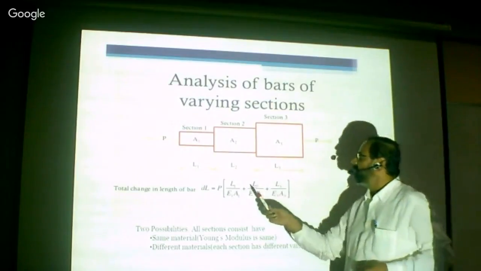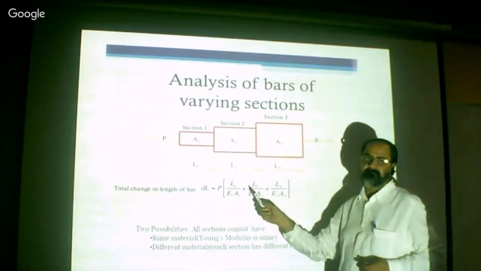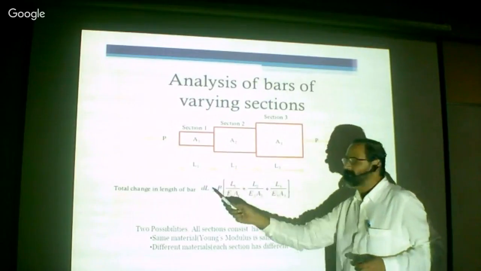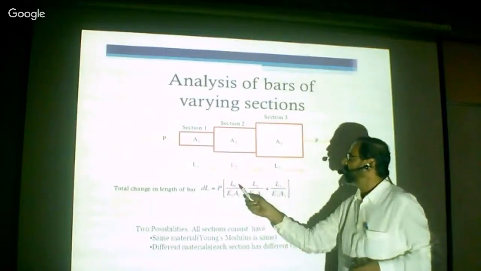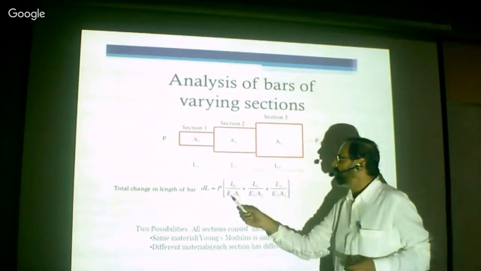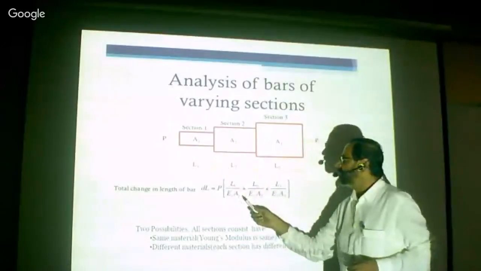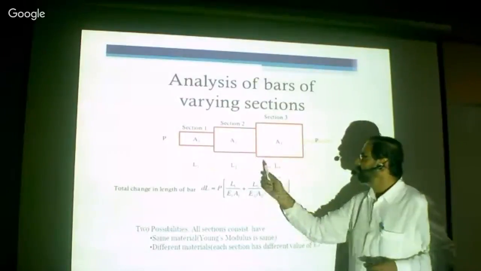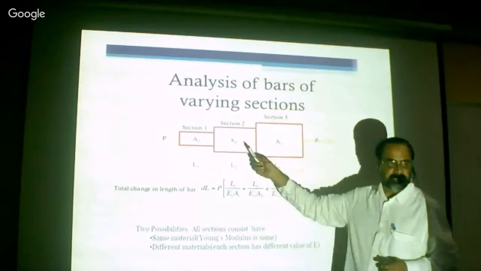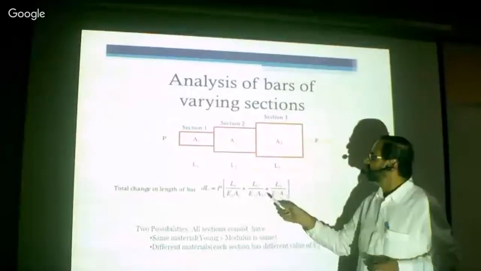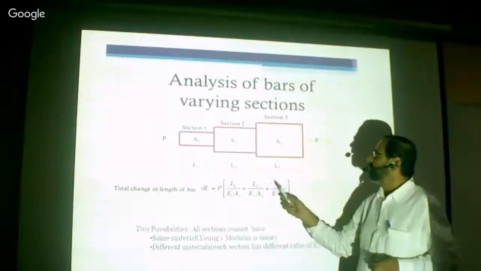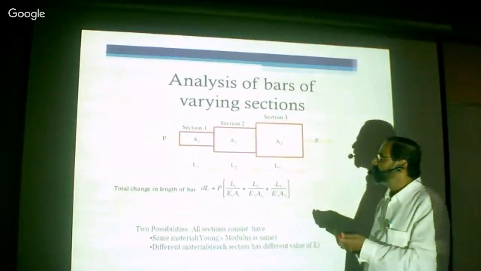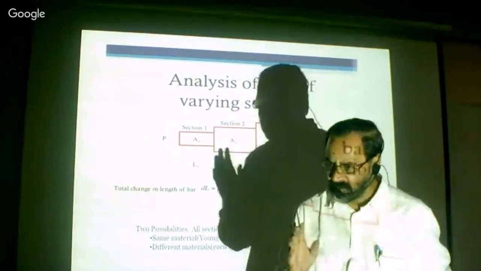P is common, so we take it out. Length is different, L1; material is different, E1; cross-sectional area is different, A1. Plus L2, E2, A2, plus L3, and so on. We can substitute this, and then our problem is solved.